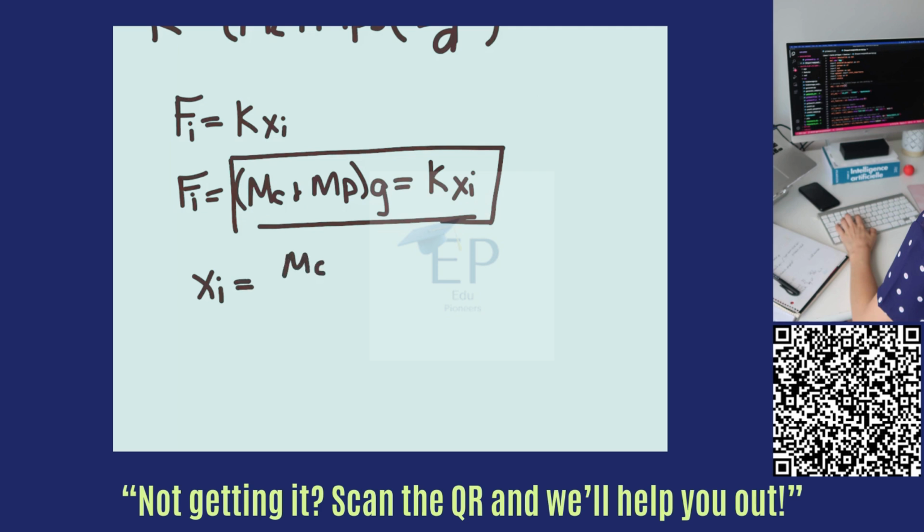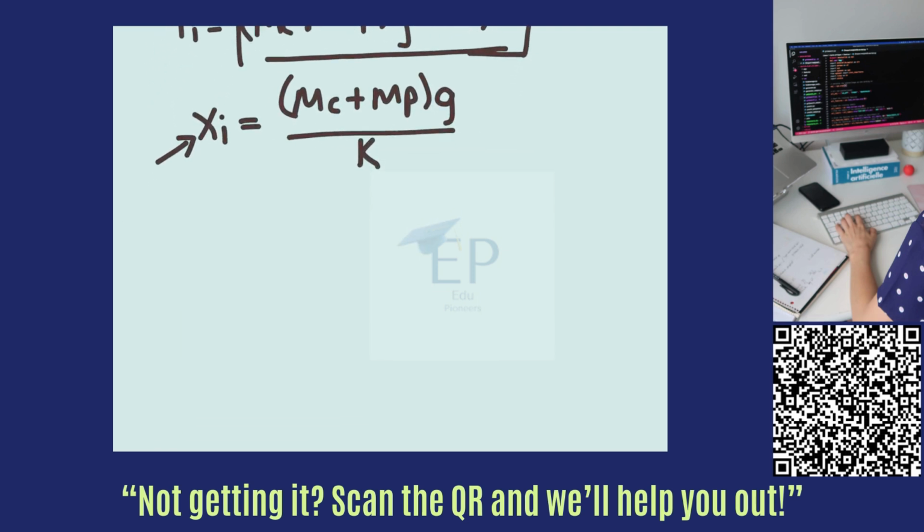So taking this equation right here, and solving for x_i, we have x_i equals the mass of the car plus the mass of the people times g divided by k. So this is our displacement when the people are in the car. We also need the displacement when the people are out of the car. And so in that case, we have our force is actually just going to equal the mass of the car times gravity.